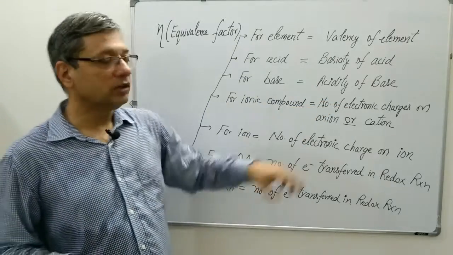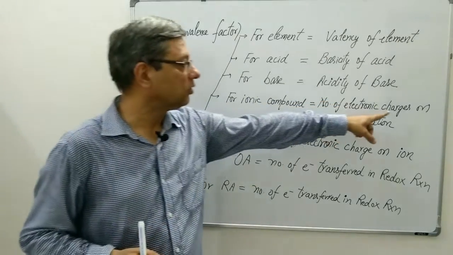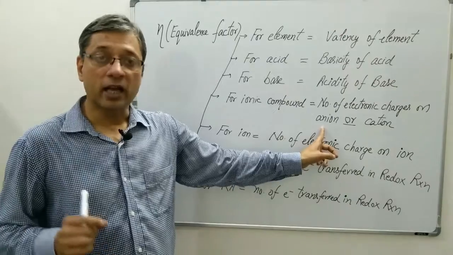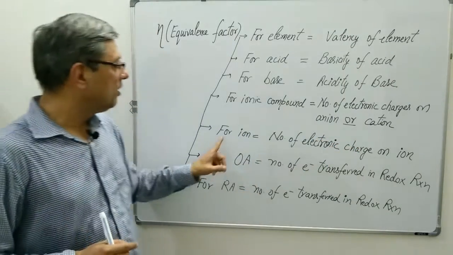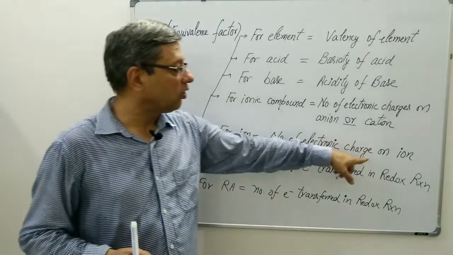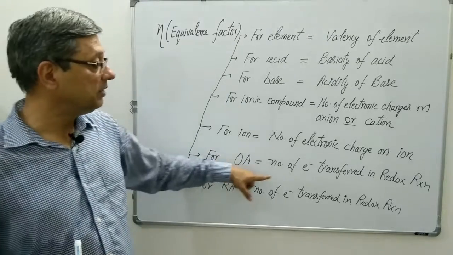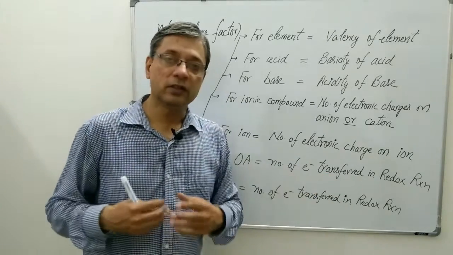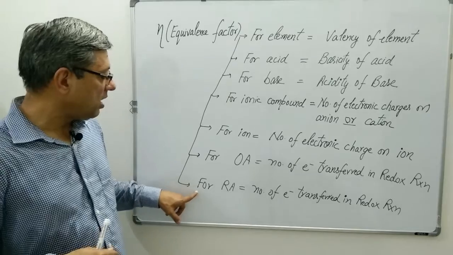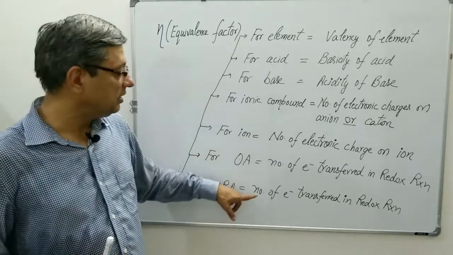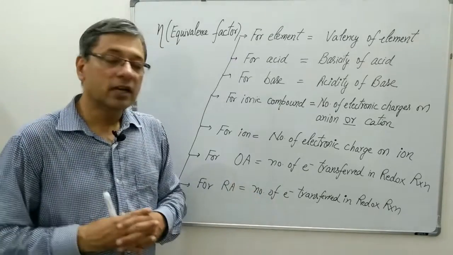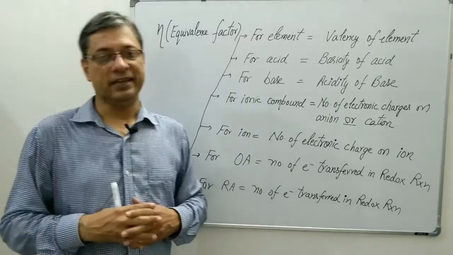For ionic compound it will be equal to number of electronic charges either on anion or cation. For ion it will be number of electronic charges on ion. For oxidizing agent it will be number of electrons transferred in redox reaction, and for reducing agent it will be equal to number of electrons transferred in redox reaction.